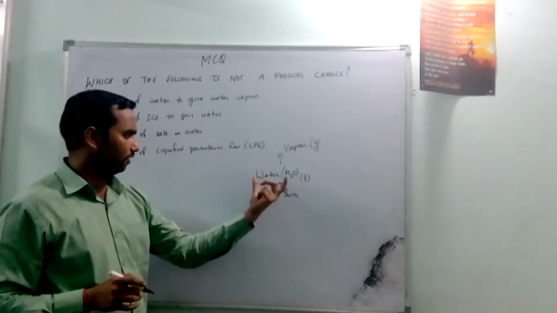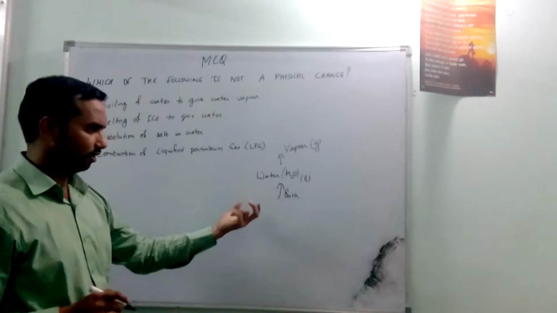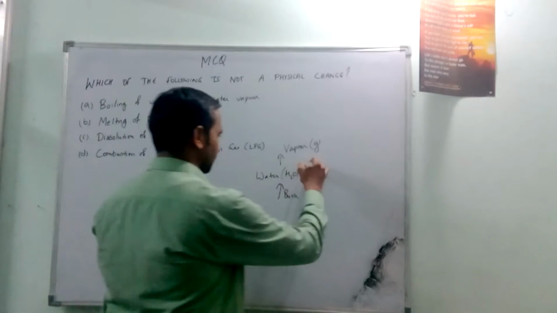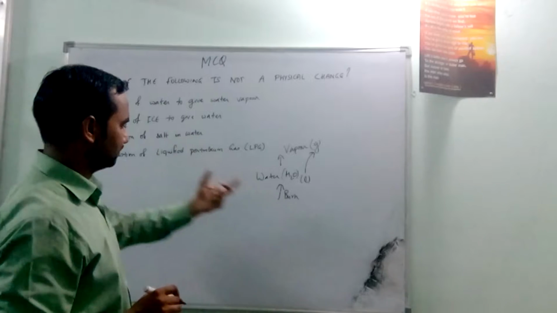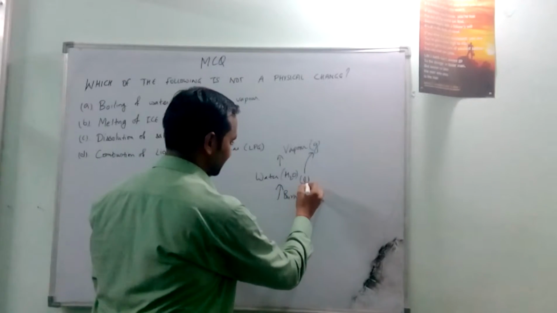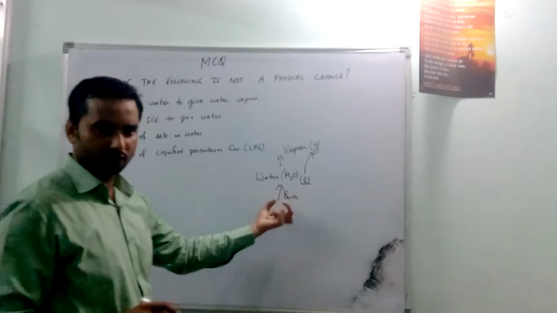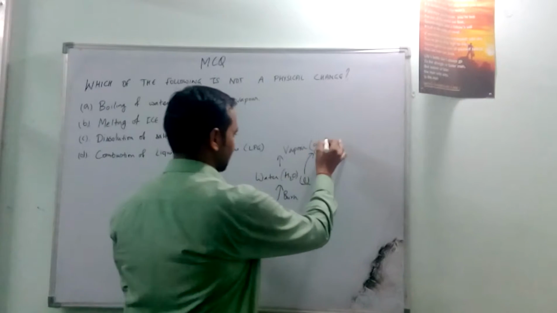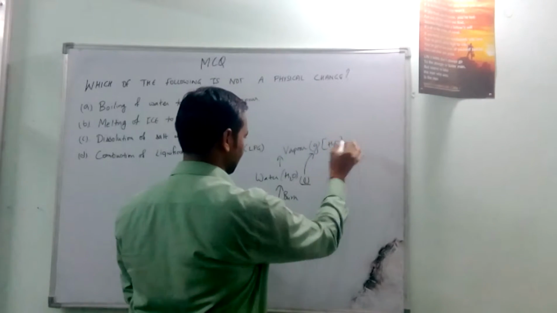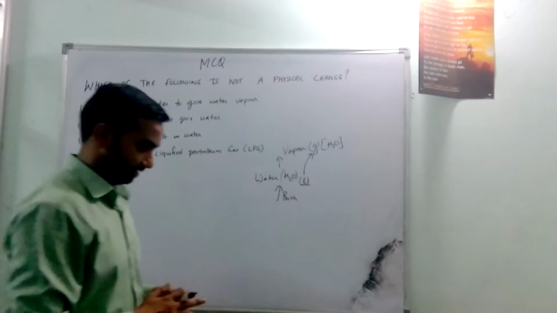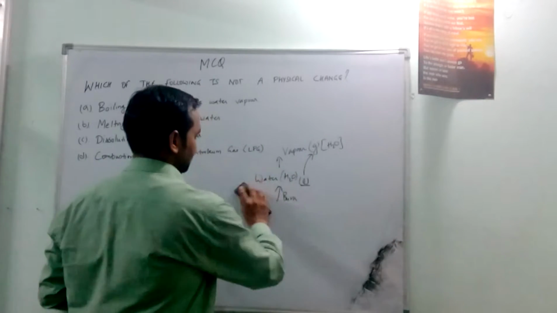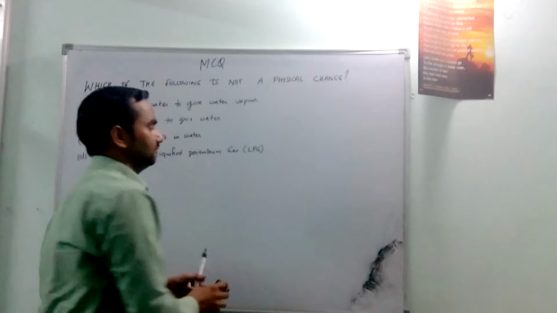So heating of water to convert it from liquid to gas is called boiling, and boiling is a physical change which changes the state of water but not the composition. Here vapor also has the same composition, H2O. So this is a physical change. We got that? Boiling of water is always a physical change.